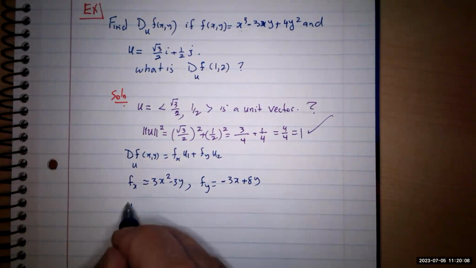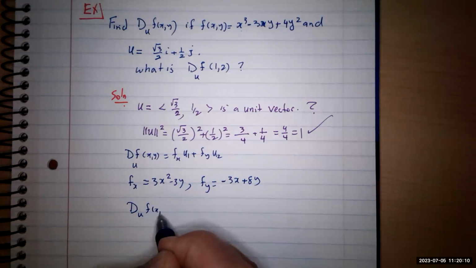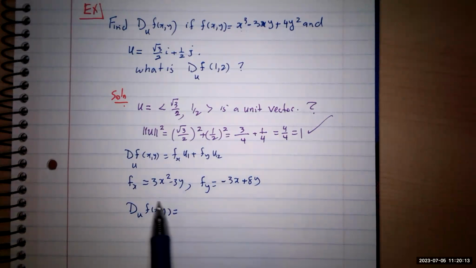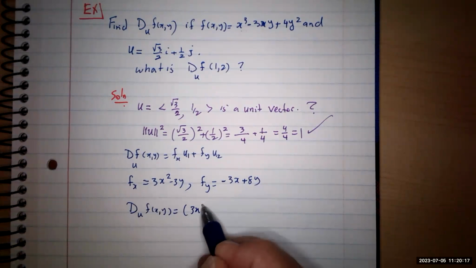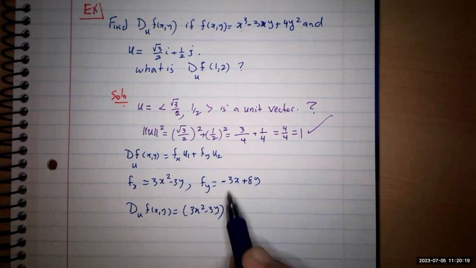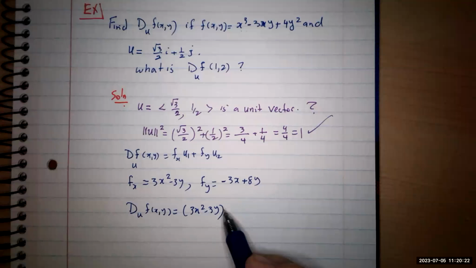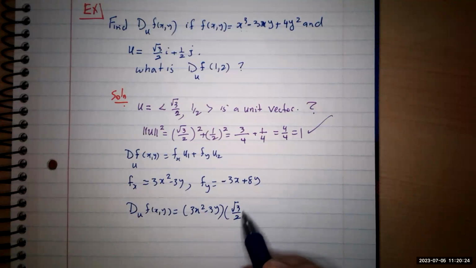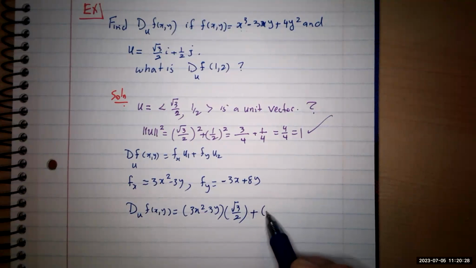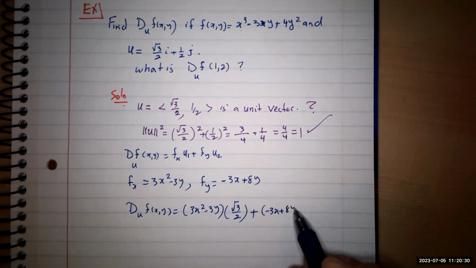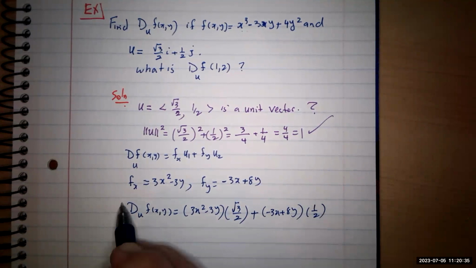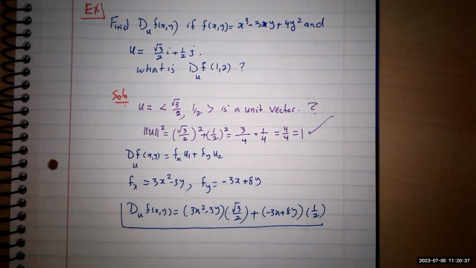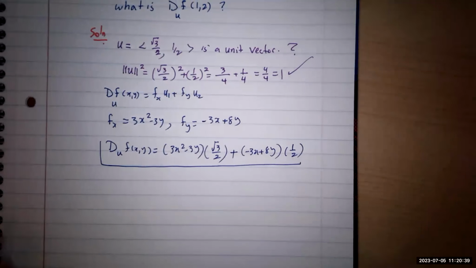So the directional derivative is going to be f sub x, 3x squared minus 3y, times u1, and u1 is radical 3/2. Plus f sub y, which is negative 3x plus 8y, times u2, which is 1/2. So that would be the directional derivative in general.